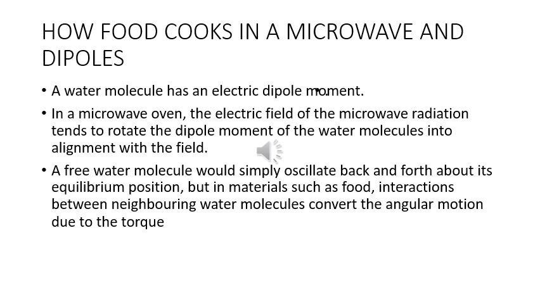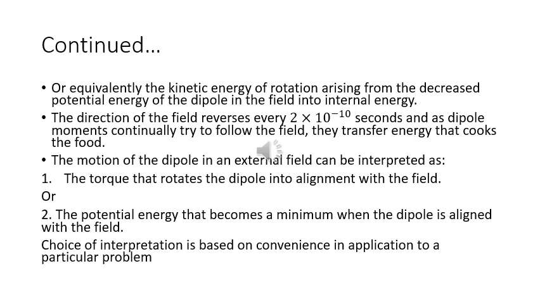But in materials such as food, interactions between neighboring water molecules convert the angular motion due to the torque, or equivalently, the kinetic energy of the rotation arising from the decreased potential energy of the dipole in the field, into internal energy. The direction of the field reverses every 2 times 10 to the power minus 10 seconds, and as dipole moments continually try to follow the field, they transfer energy that cooks the food.